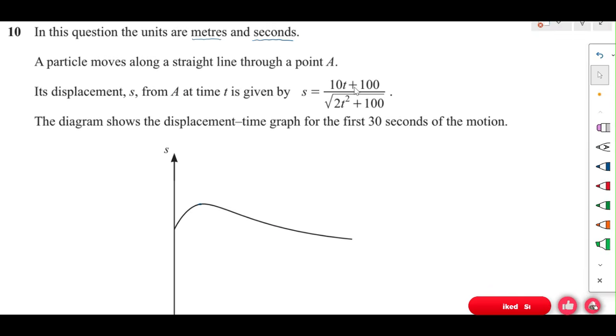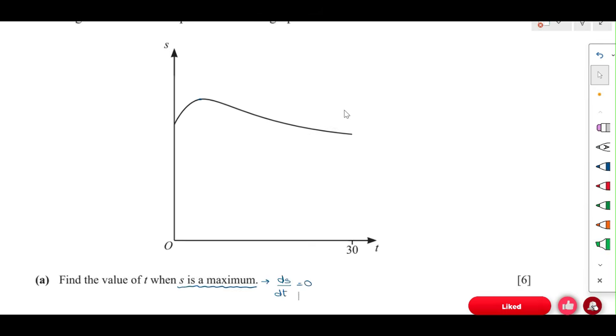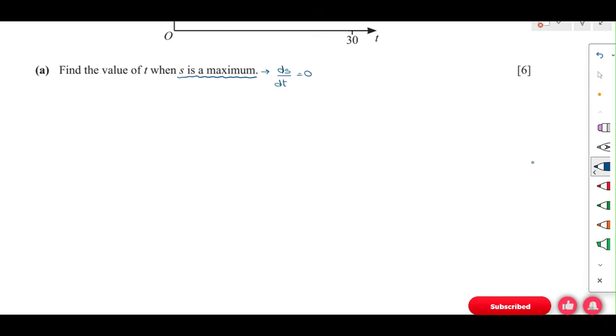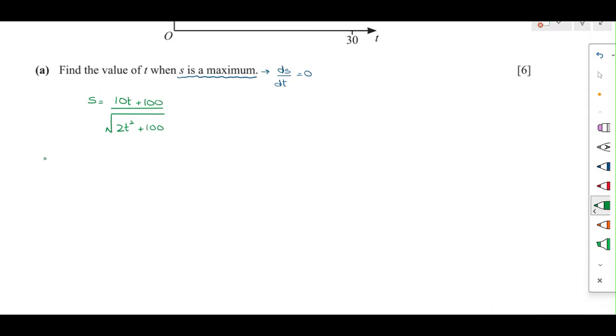Displacement is 10t plus 100 divided by the square root of 2t squared plus 100. Let me write down the displacement equation. S equals 10t plus 100 divided by the square root of 2t squared plus 100. All right, so let me do the derivative ds over dt, the derivative of displacement with respect to time.